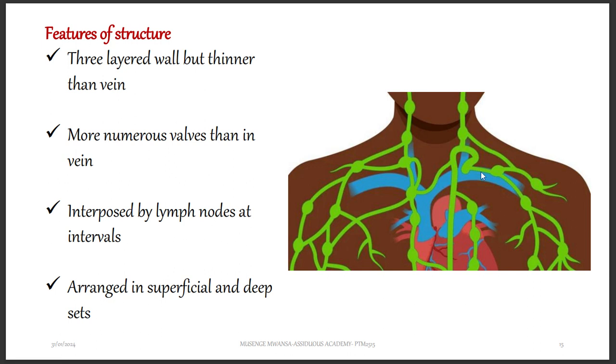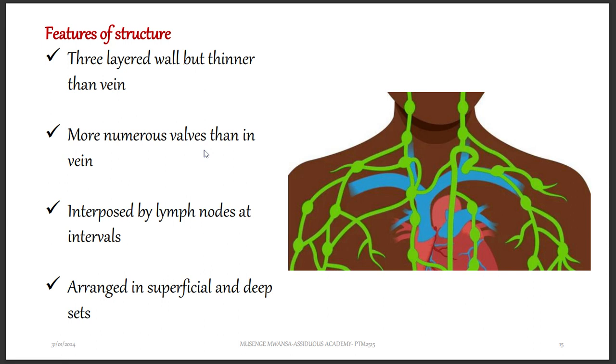The one you can see in blue is a vein. These lymphatic vessels are three layered. In other words, they have three layers of cells: one layer of cells, another layer, another layer. But they are much thinner in comparison to veins. And they have a lot of valves.